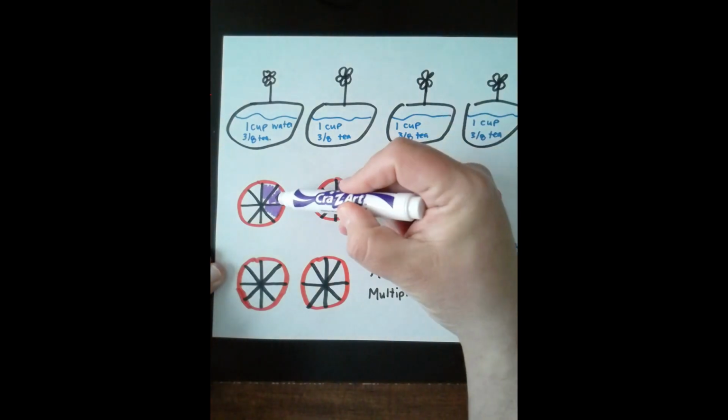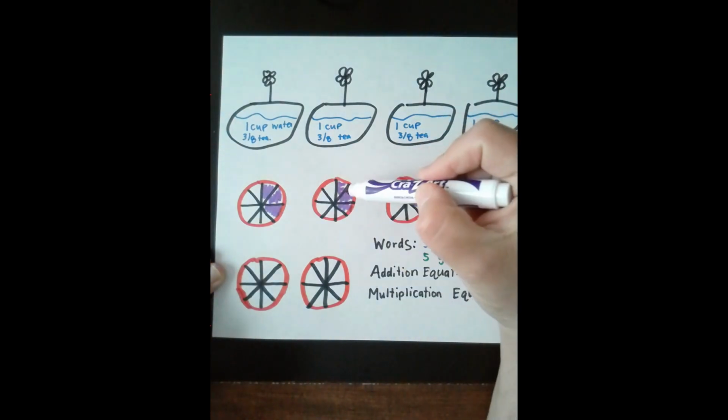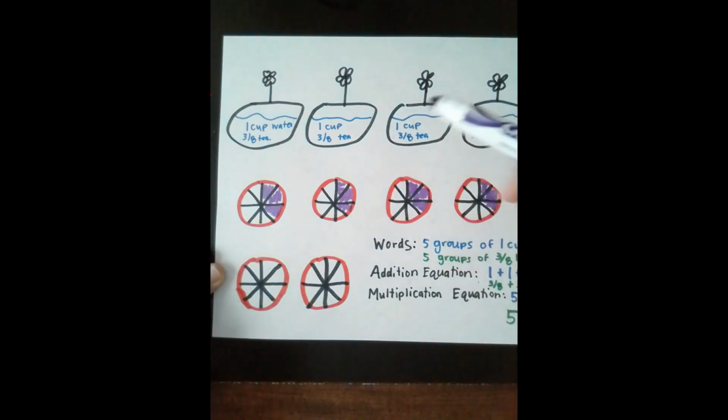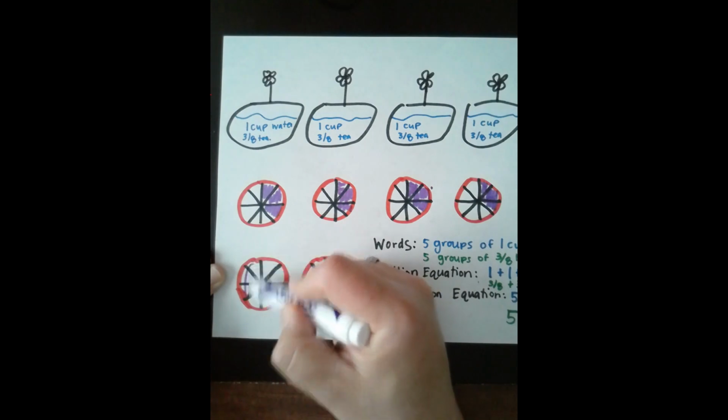So 1/8, 2/8, 3/8, 4/8, 5/8, 6/8, 7/8, 8/8, and I'm going to stop there. I'm going to put a little mark here to know where I am. So 8/8, as we know, is a whole, right? So we have a whole.